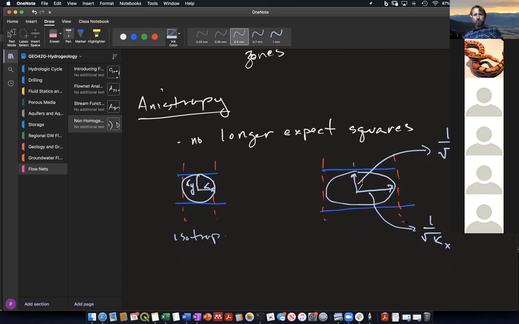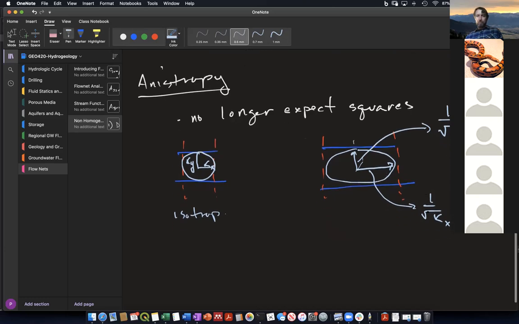So bottom line is we're not going to do a lot of anisotropic flow lines or flow nets. But what I do want you guys to know is that you no longer expect squares, and that the difference in these ellipses is set by the ratio of these hydraulic conductivities in the different directions. I need to think a little more about these two relationships and go back through my notes.